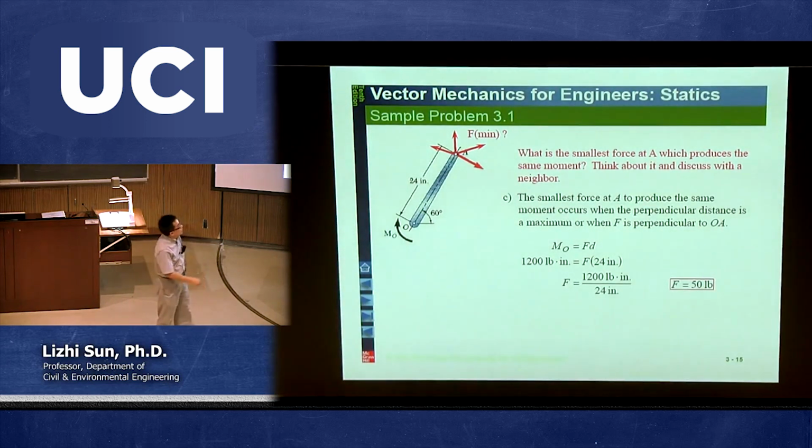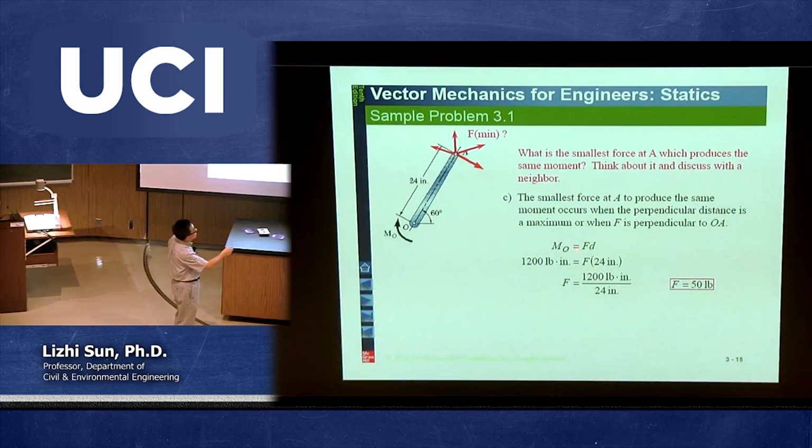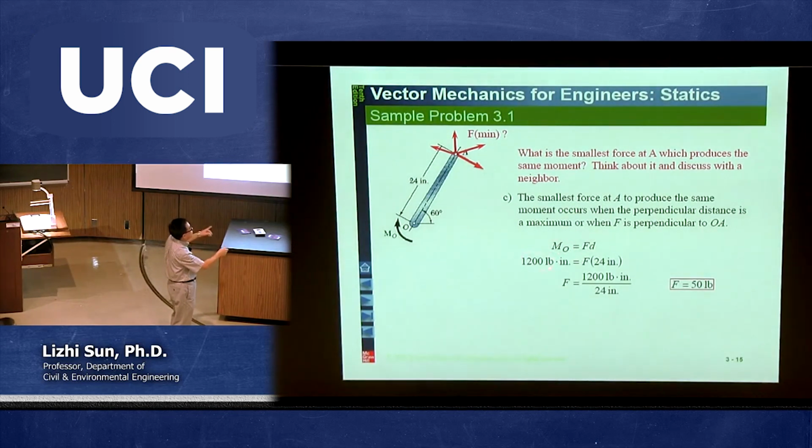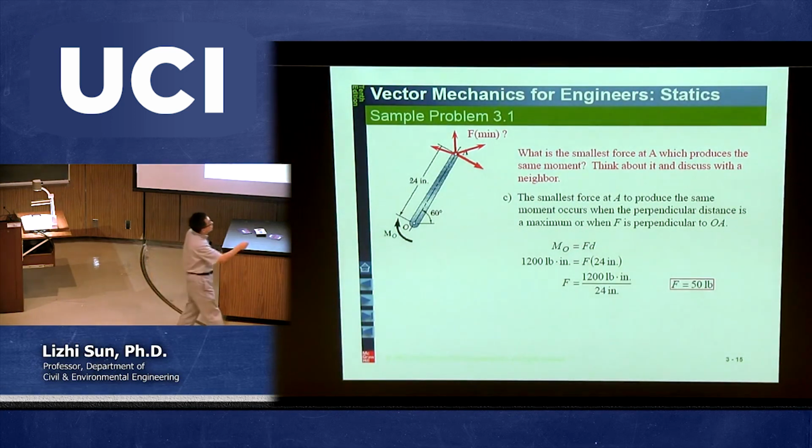So the bottom line is you are going to use the F times D concept to calculate the moment, but the moment's magnitude is fixed at 1,200 as we calculated before. So if F times D equals a constant, now you can freely change F, and of course you can change D. Then what is the scenario?